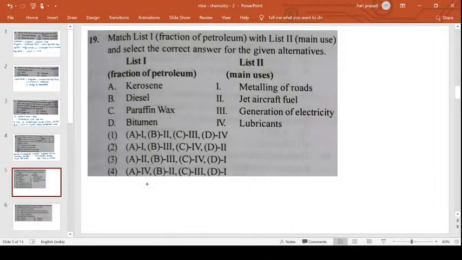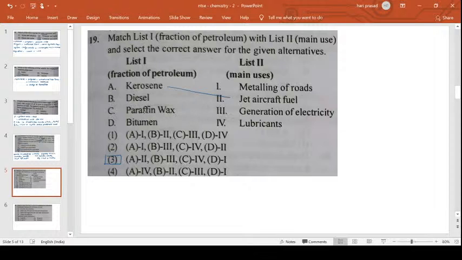Matching is the question. In this matching, kerosene is for jet aircraft fuel. Diesel is for generation of electricity, in generators we are using diesel for generating electricity.